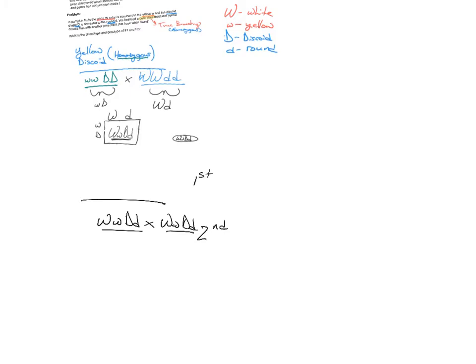What that means is that now you have 4 different gametes, don't you? You have big W, big D, you have big W, little d, you have little w, big D, and then you have little w, little d, right?